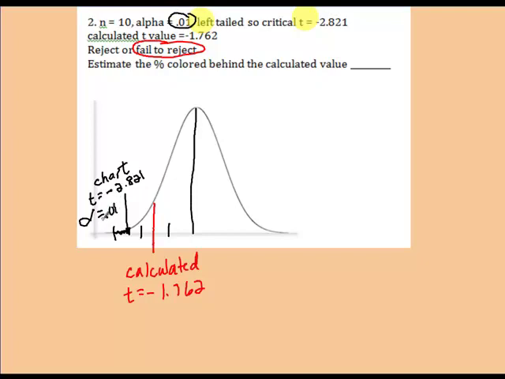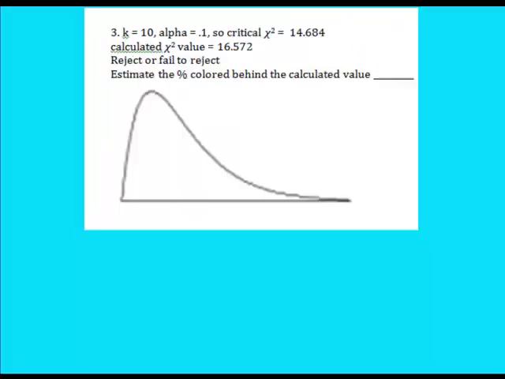So if that's 1%, about what percent would be behind the red, so my calculated value? Well, since we know about the empirical rule, from the second sigma limit to the tail would be about 2.5%. So I'm going to guesstimate about 0.07. Let's go to another one.